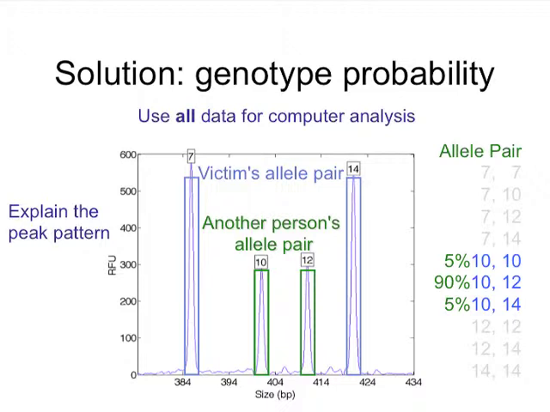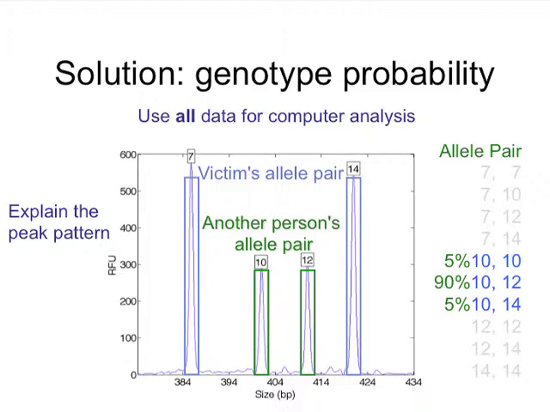And you can see that the pattern of the heights of those bars, the 2 tall blue bars and the 2 shorter green bars, are at the same height as the data peaks. So what TrueAllele does is it explains the data pattern.